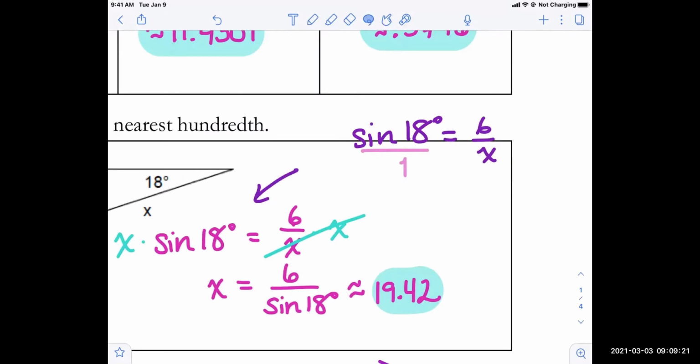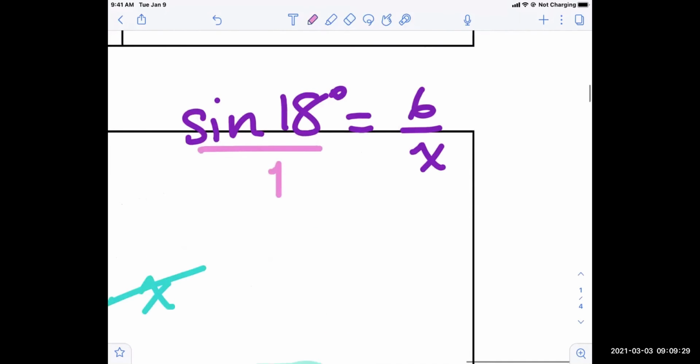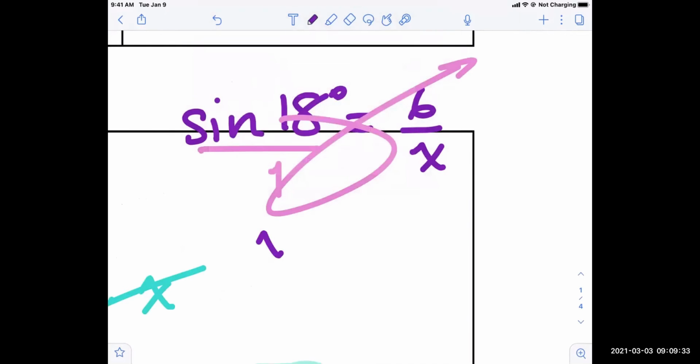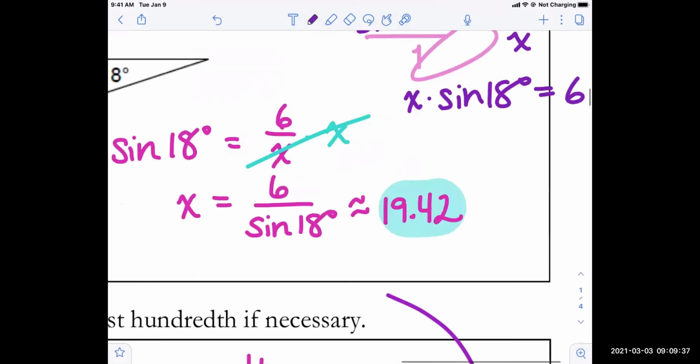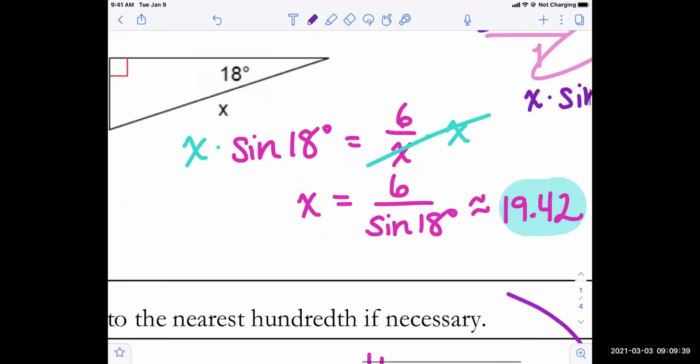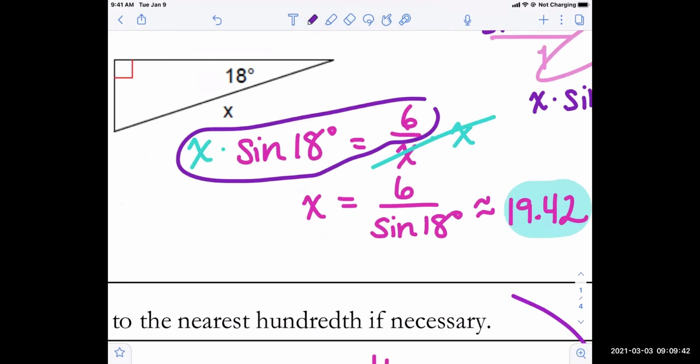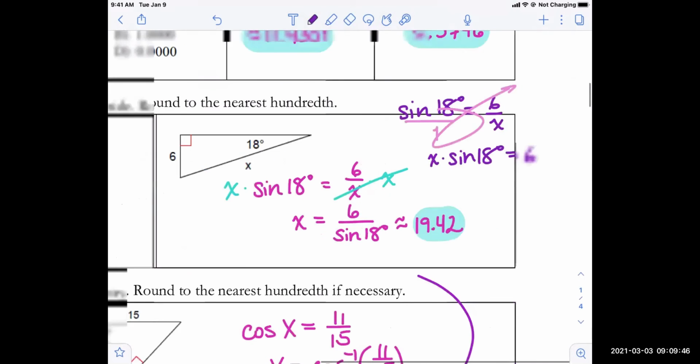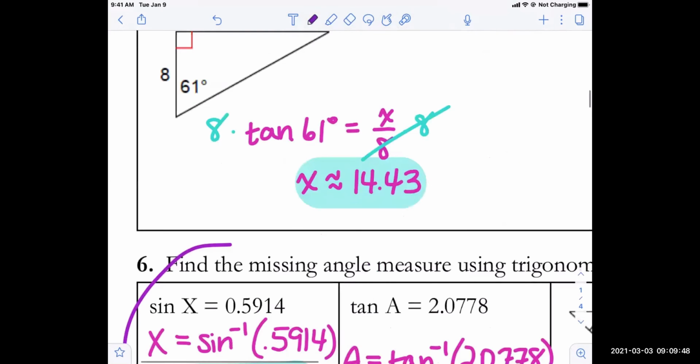So if you'd rather not have to think about, okay, I'm going to multiply by x on both sides here, if you just want to turn it into a proportion, then when you cross multiply, you're going to get sine of 18 multiplied by x equals 6. And that's the same thing that you have here before you multiply both sides by x. So if that makes more sense to you, you can do that whether you have the variable on the top or on the bottom.